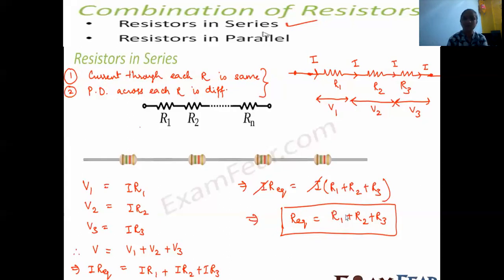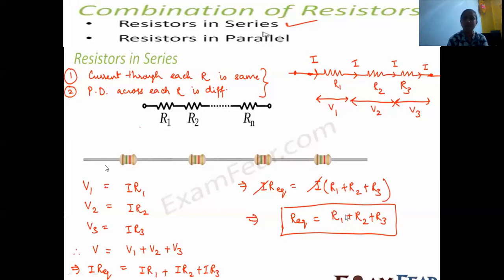Have you understood the definition? When a number of resistors are joined end to end so that the same current is flowing through each, the resistors are said to be in series.